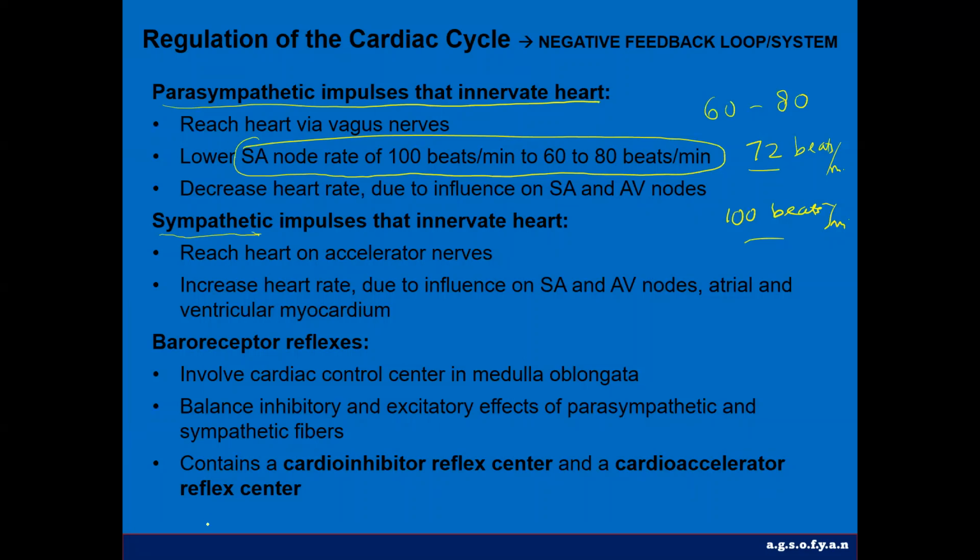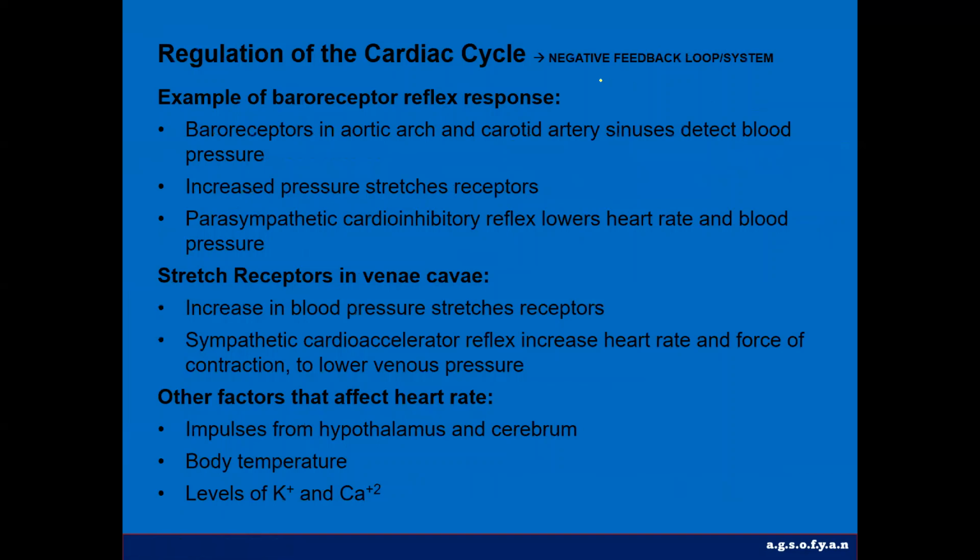We also have a negative feedback system that controls our heart beating. There are several receptors in our system that will sense the changes in our body. For example, we have a baroreceptor located in the aortic arch.